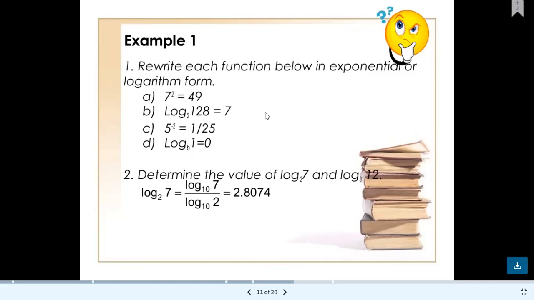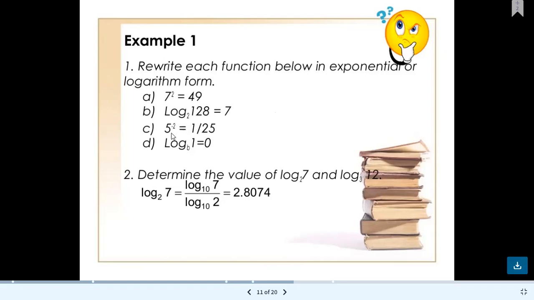So, kapag ina-exponent naman natin siya, magiging 2 raised to 7 is equal to 128. Kaya nyo ba? Okay.